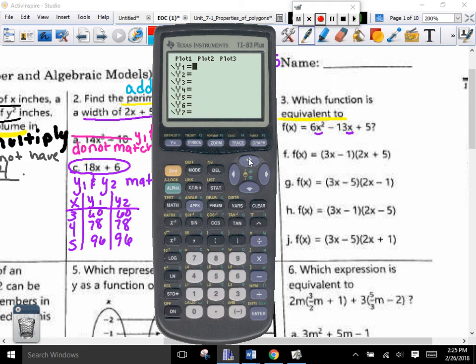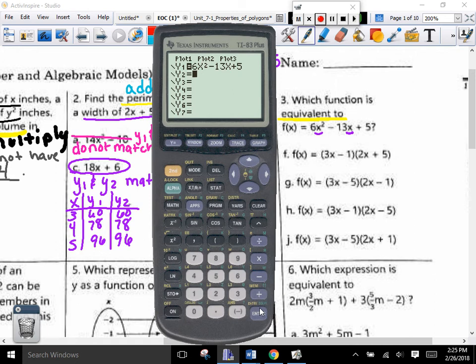Now on y1, I'm going to put my problem, which is going to be 6x squared minus 13x plus 5. Then on y2, I am going to put my first answer choice.